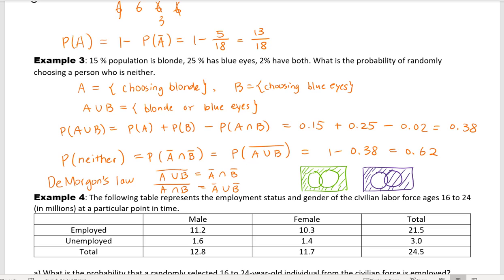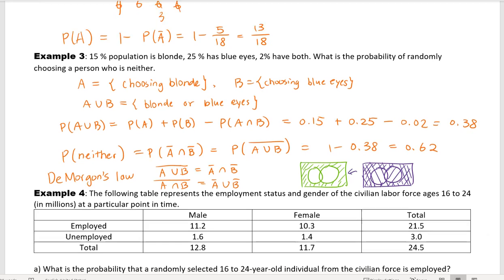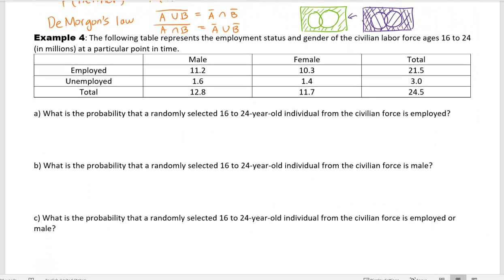B complement is this. Now you can see the intersection, which is the common region, is exactly this. So you can also show it by the Venn diagram. Okay, good. Let's look at example 4.